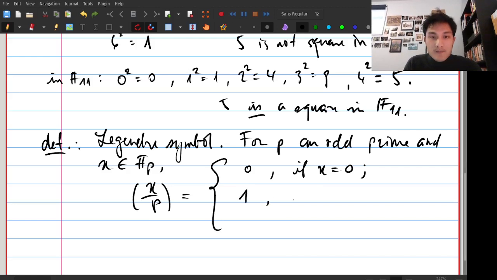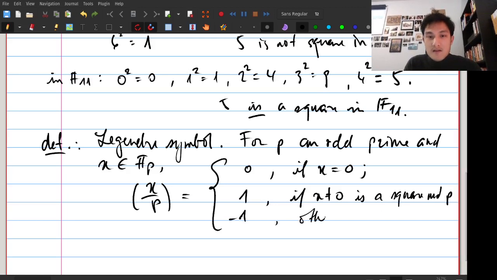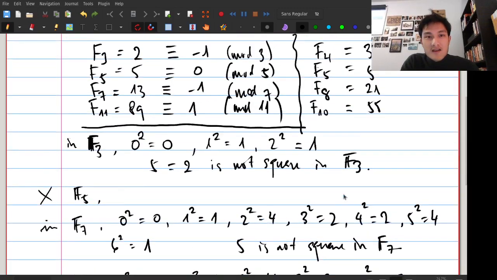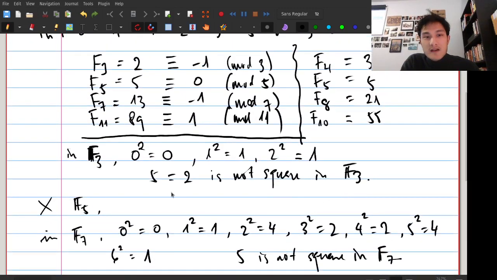It is 1 if x is not equal to 0 and is a square mod p, and it's minus 1 otherwise. Okay, so here we found that 5 is not a square mod 3, so we're trying to say here that the Legendre symbol of 5 over 3 is equal to minus 1, and that's exactly what we get here, minus 1.